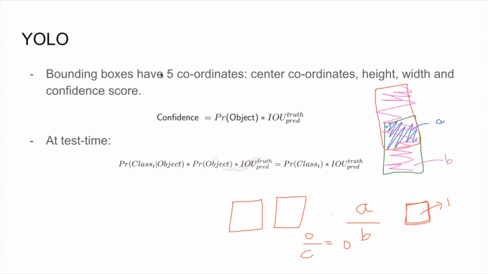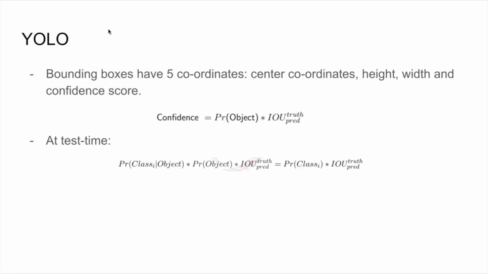So the probability of a class and the IOU score will depict whether the class you are saying in this specified box is a valid class or not. Okay, so I'll just clear everything. I hope you understand this.